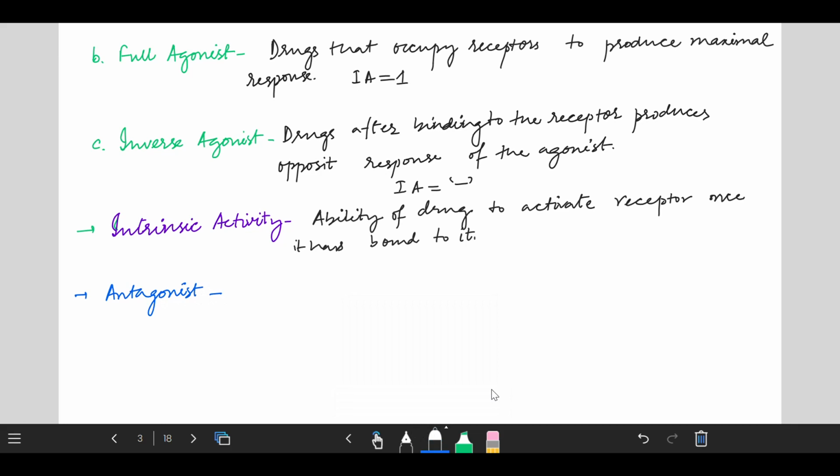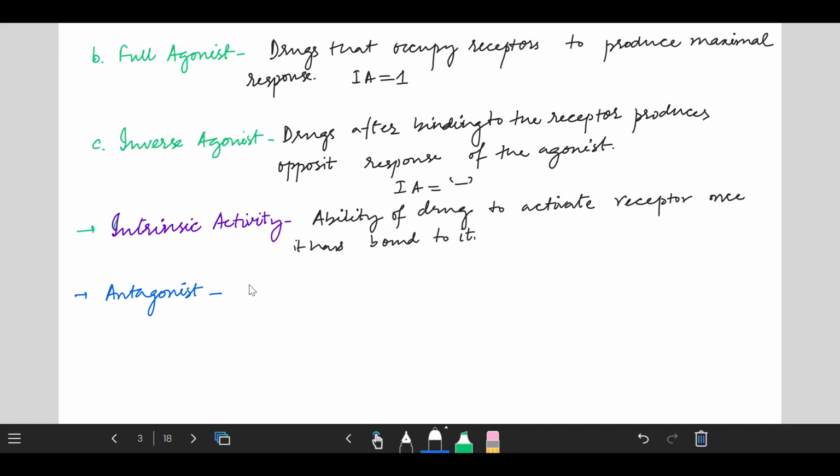Antagonists are the drugs that, when they bind to the receptor, do not produce or initiate a response, but they block the action of an agonist that works through that receptor. What I have said, when this kind of drugs bind to the receptor, they do not produce or initiate a response, but they block the action of an agonist that works through that receptor.